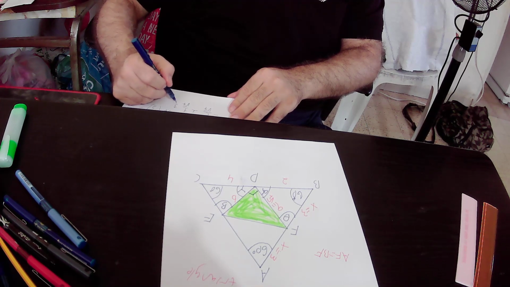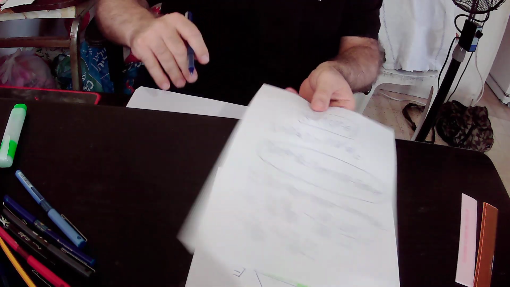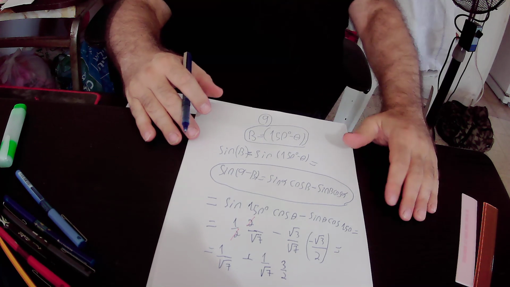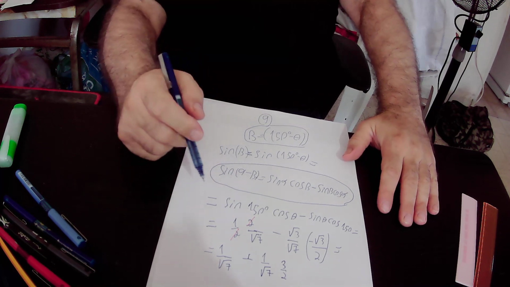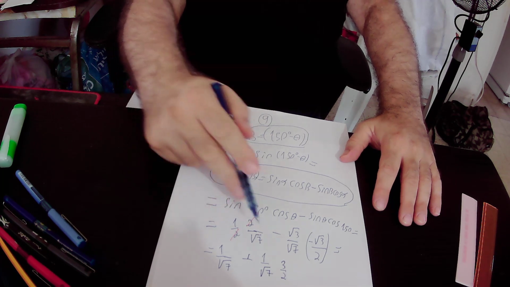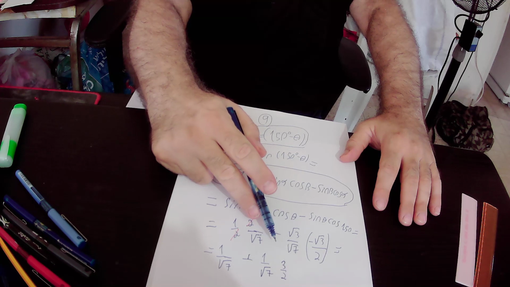3 over 2. So in total we got that sine beta, which is sine 150 degrees minus theta, equals 1 over root of 7 plus 1 over root of 7 times 3 over 2.